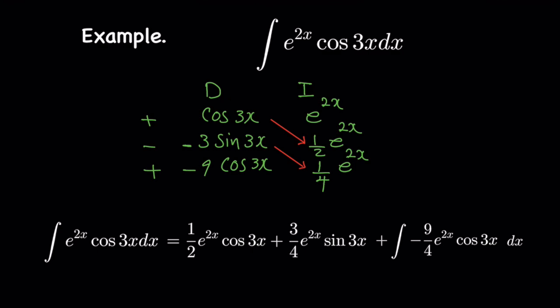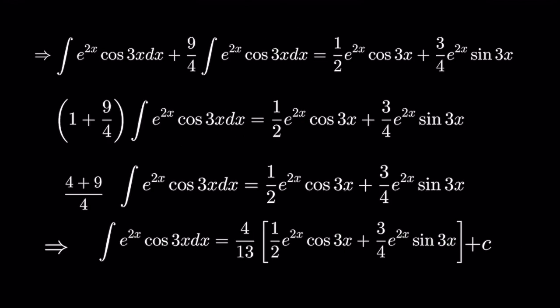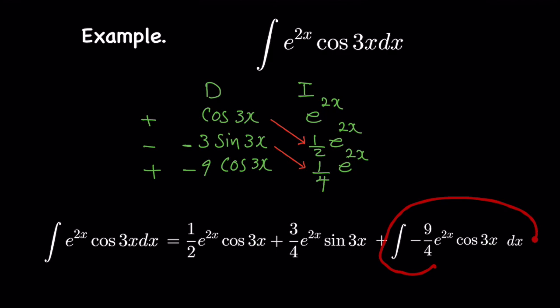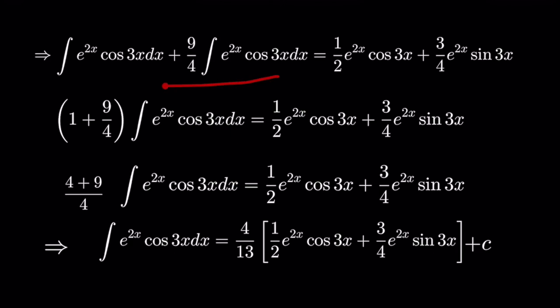So what I'm going to do is bring minus 9/4 outside of the integral sign, and then bring it to the left-hand side. So you see, if you bring this to the left-hand side, it's going to be plus 9/4 times that integral. So this is what I'm getting.